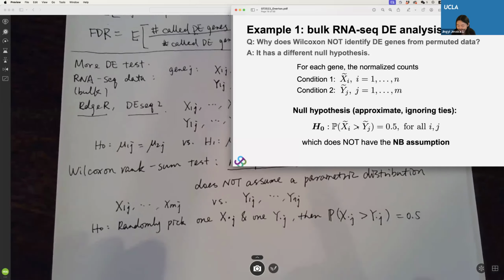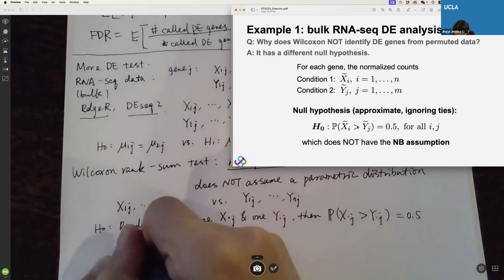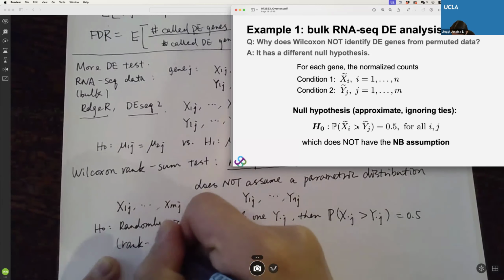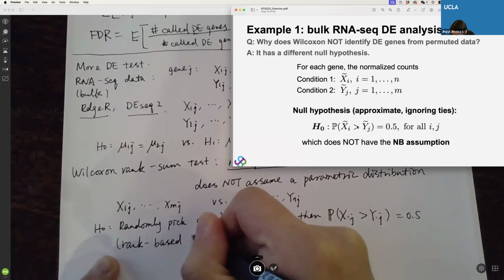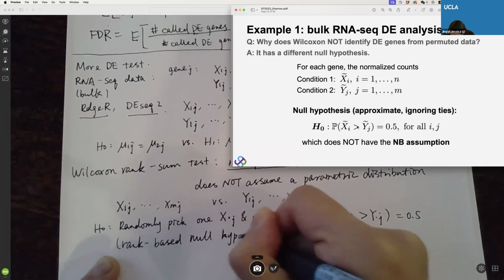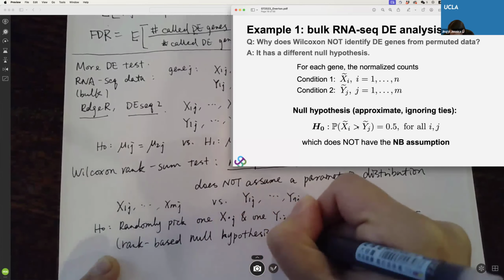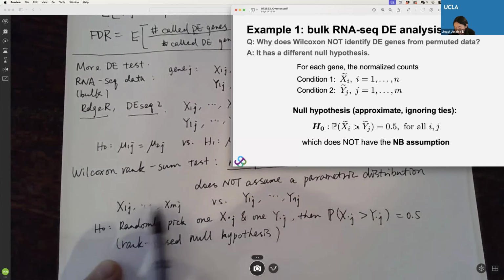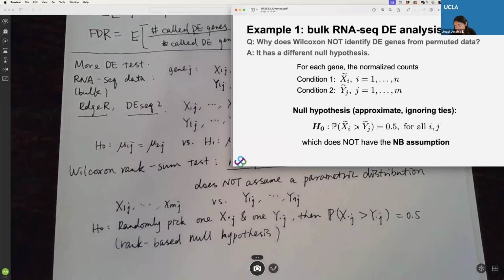So this is the so-called rank-based null hypothesis. It is not concerning the mean values of the two distributions, because we're not specifying a distribution. We're just talking about the relative magnitude between the two sets of numbers.